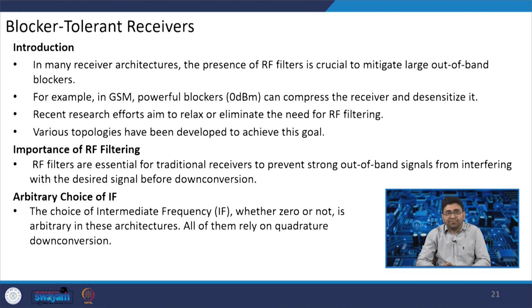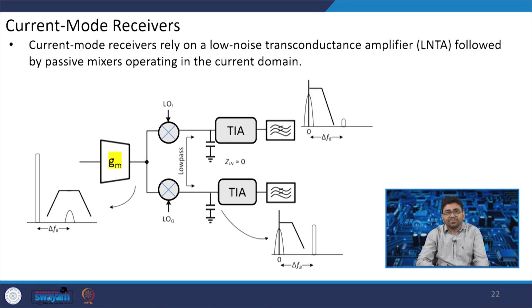We have already discussed how we can utilize the passive mixer to get filtering, that is, band pass filtering. The choice of intermediate frequency, whether 0 or not, is arbitrary in this architecture. All of them rely on a quadrature down conversion. So, we need to use a quadrature down conversion.